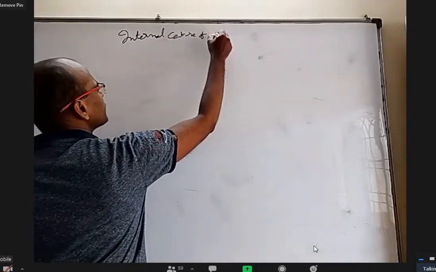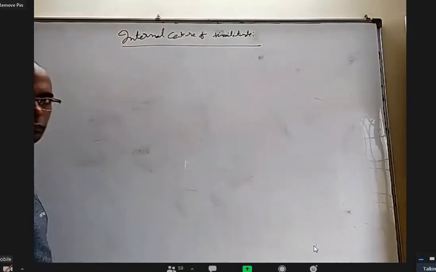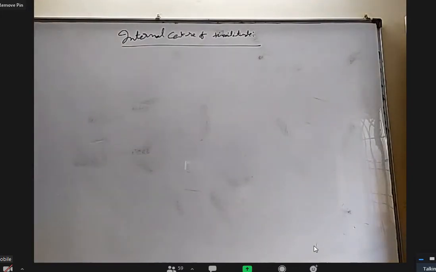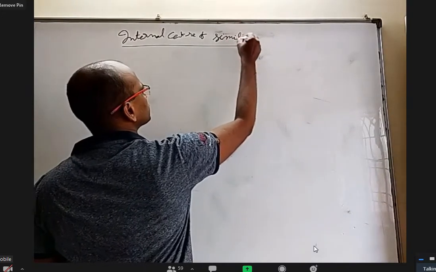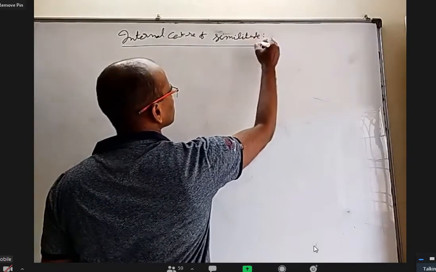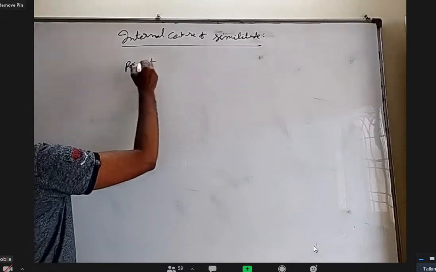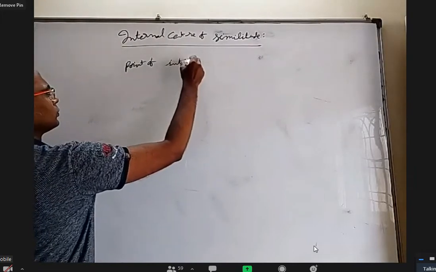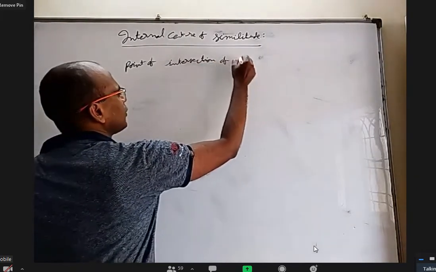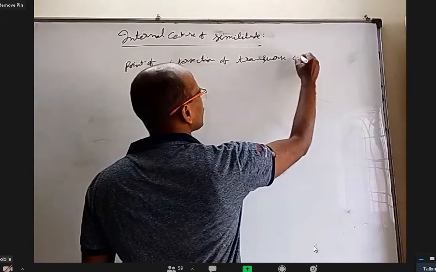Internal center of similitude. Point of concurrence or point of intersection of transverse common tangents.